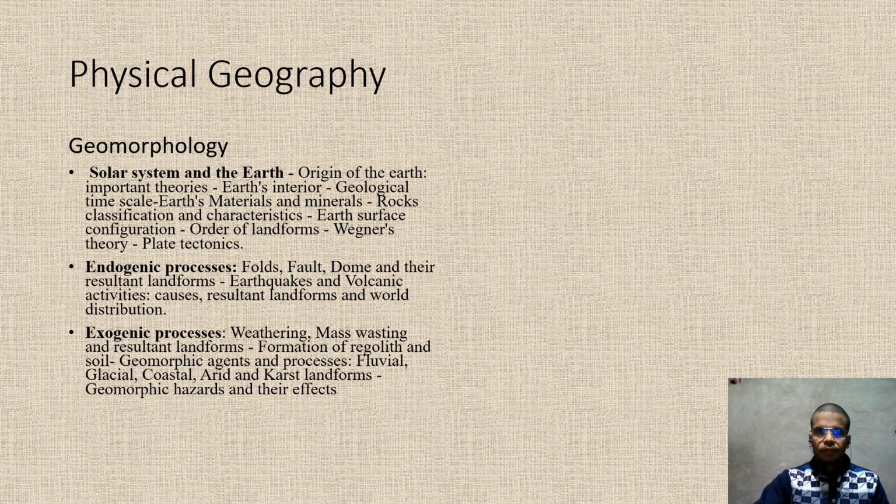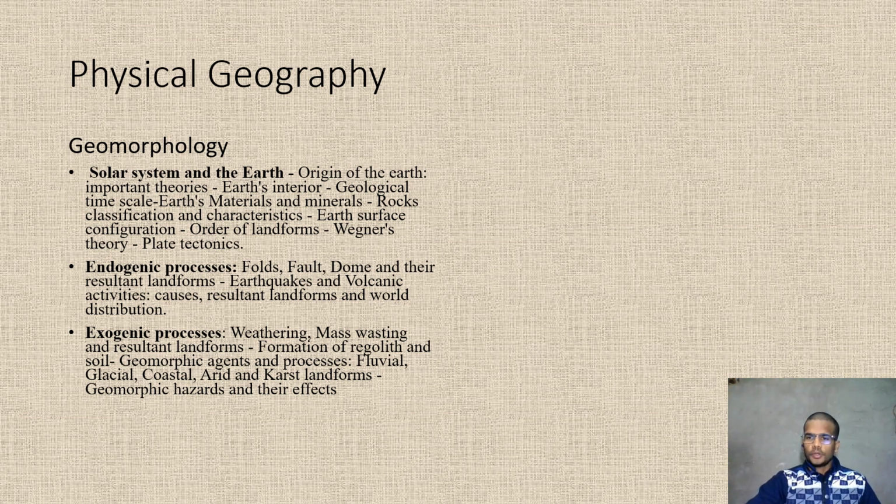The earthquake zonation of India, based on the damage caused, is also an important topic which you should pay attention to while reading earthquakes. Also, you should remember the shadow zones associated with each of the earthquake waves, which help in explaining the interior of the earth. You should keep that in mind while reading this topic.